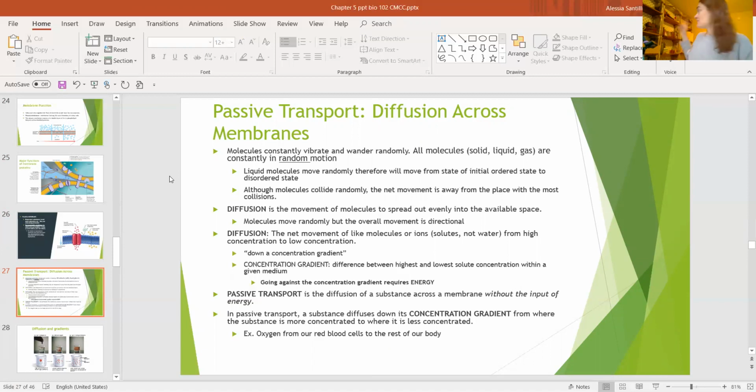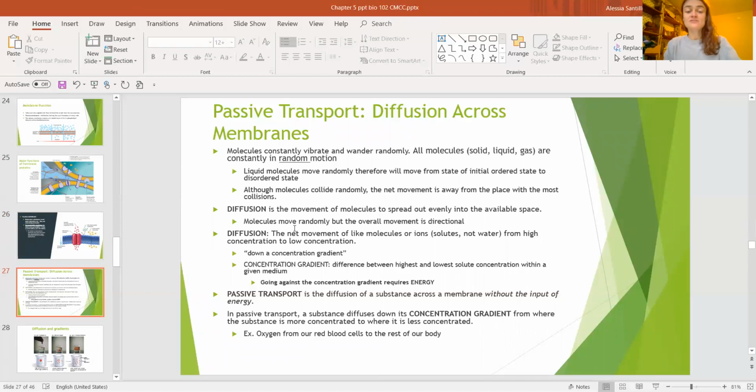So same thing, if I spray Febreze in that corner of the room right there, I will eventually smell it on this side of the room, even though it's across the room. I will eventually smell the Febreze molecules. That's because the Febreze molecules go from a high concentration over there to a low concentration of Febreze molecules over here, because I didn't spray any Febreze molecules.